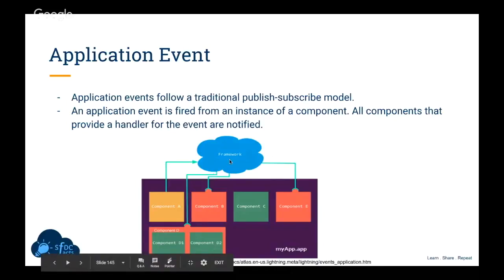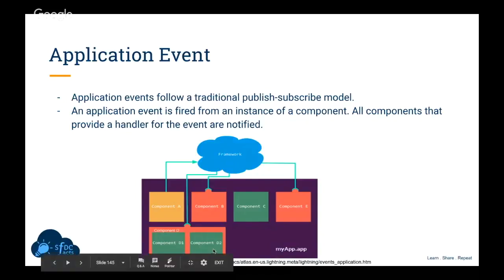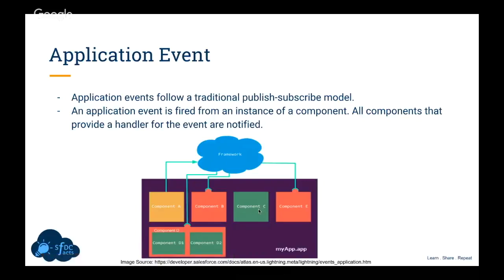So the component event which is fired by d2 can only be handled by the d2 itself or the parent component. It cannot be handled by d1 or a b c e. None of them can handle this event.